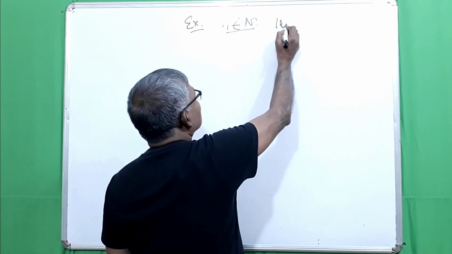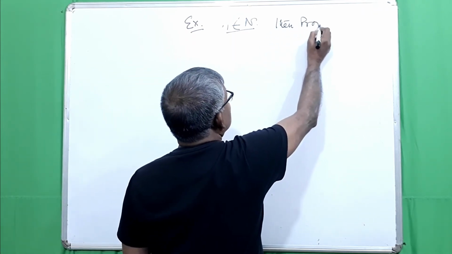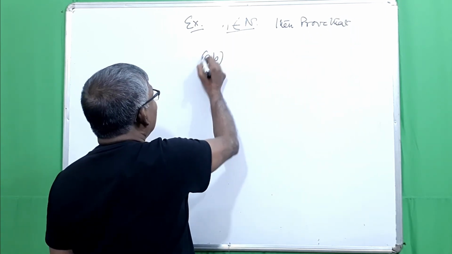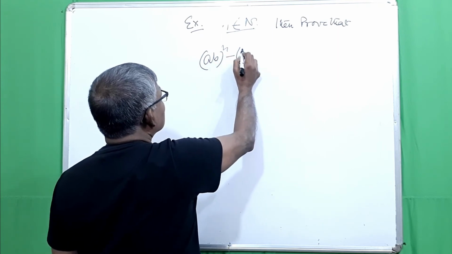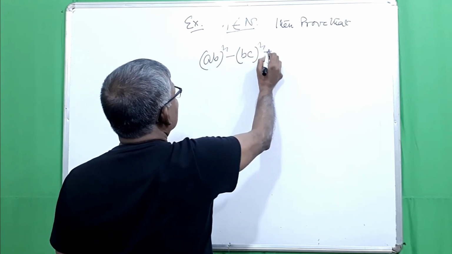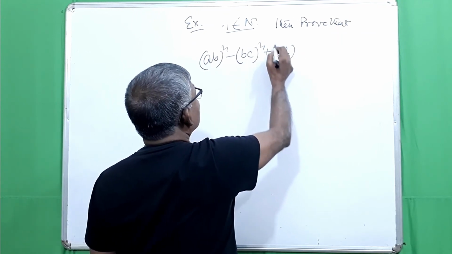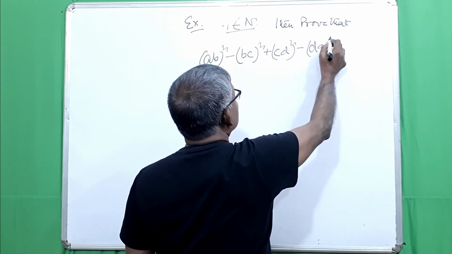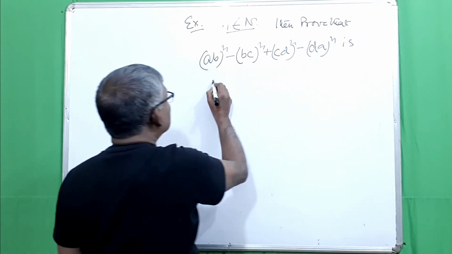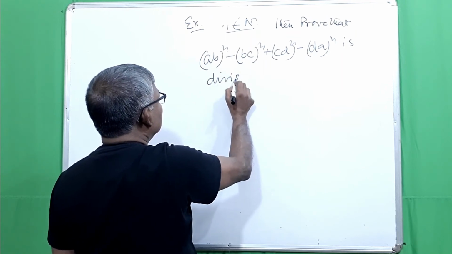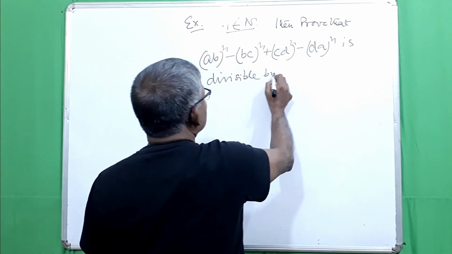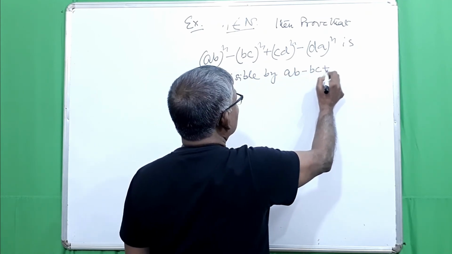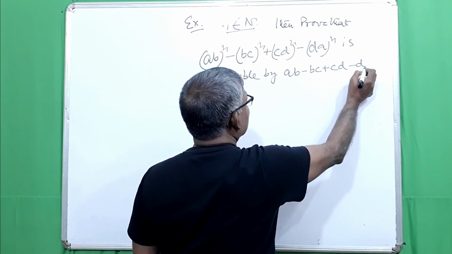Then prove that (ab)^n minus (bc)^n plus (cd)^n minus (da)^n is divisible by ab minus bc plus cd minus da.